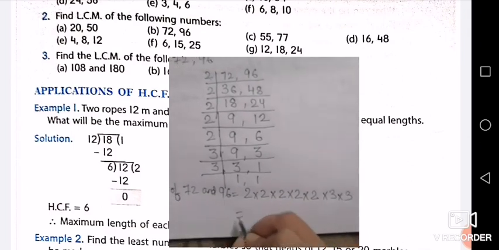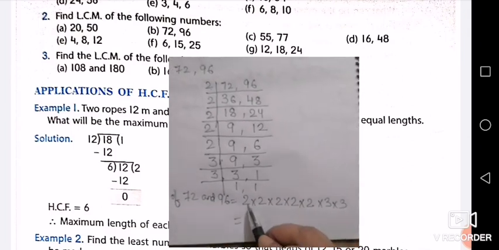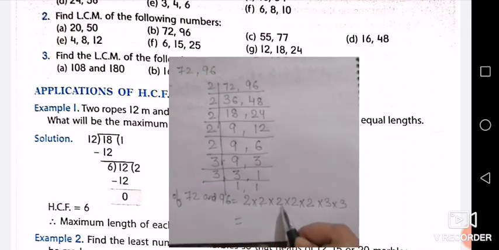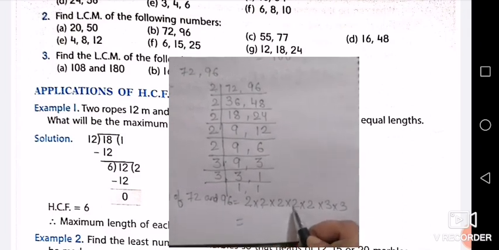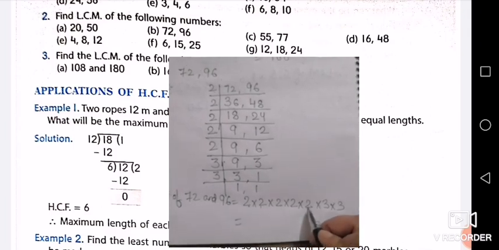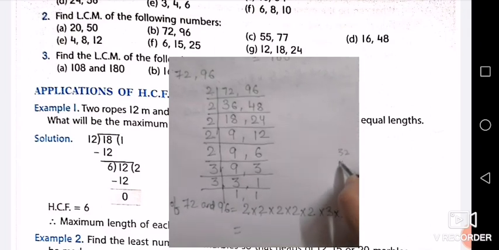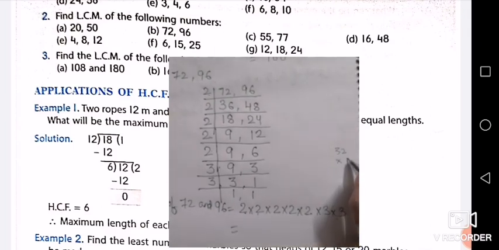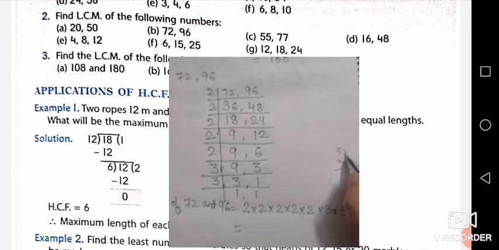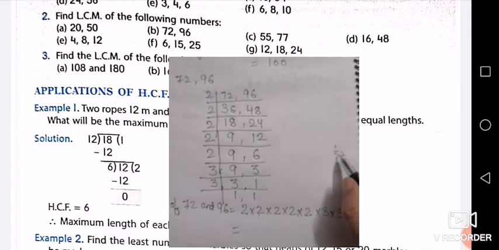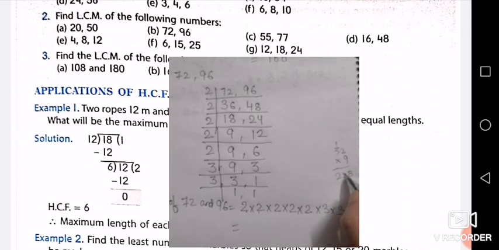Now do the multiplication here. 2 2s are 4, 4 twos are 8, 8 twos are 16, 16 twos are 32, then 32 multiplied by 3 threes are 9, that we will do. 9 twos are 18, 1 carry, 9 threes are 27, 28.